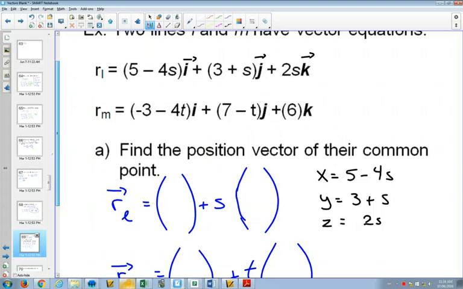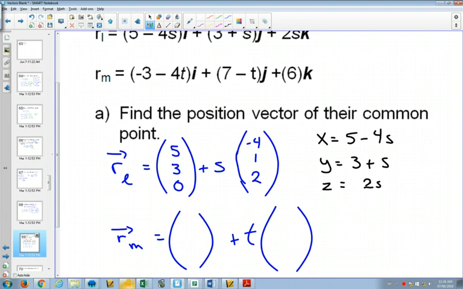If we had those parametric equations, could you go back and see what would be a point on our original equation? 5, 3, and 0. And then s is getting multiplied by -4, 1, and 2.